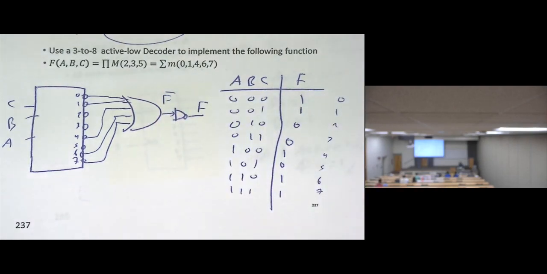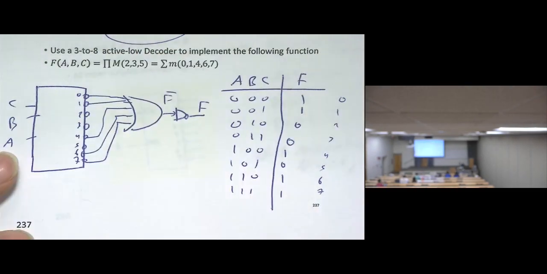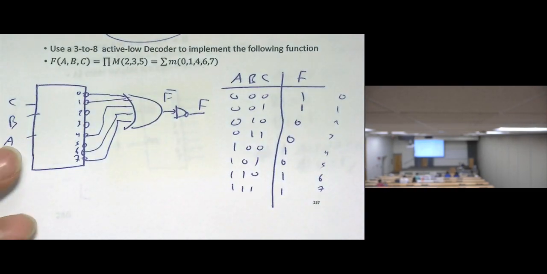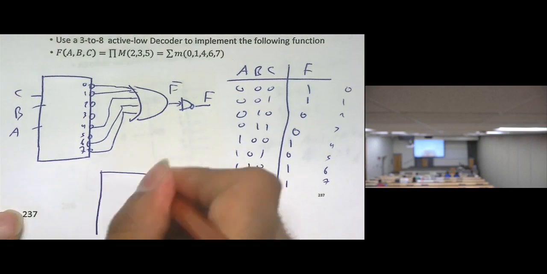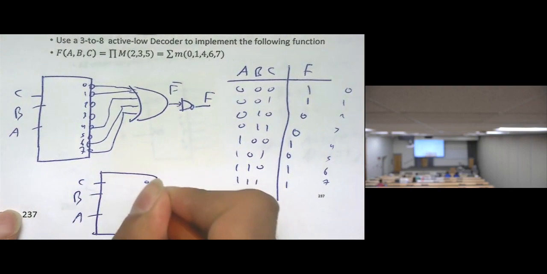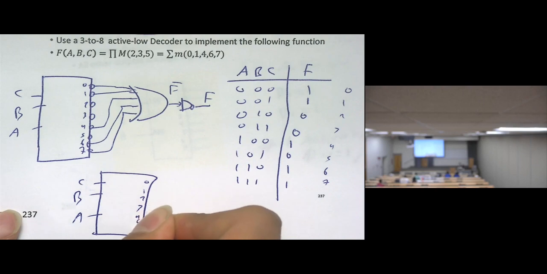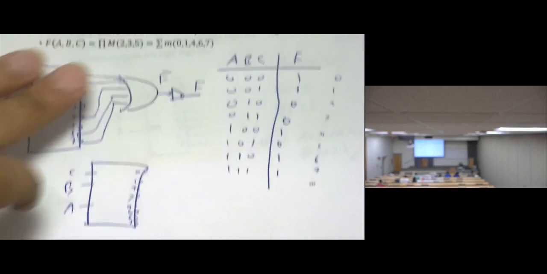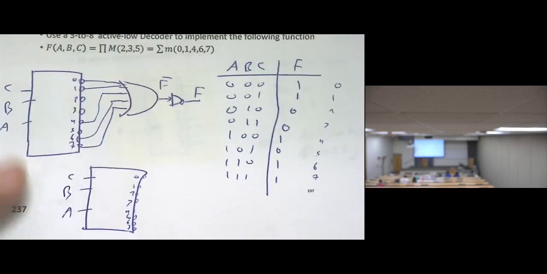That's it. There is another representation, by counting the zeros, not counting the ones. Counting the zeros, here is product of sum 2, 3, and 5.